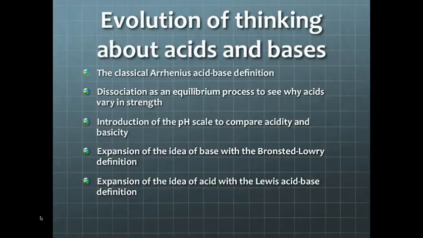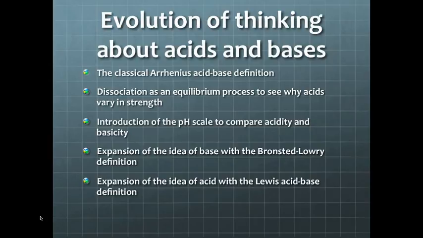There is an evolution of thinking about acids and bases. Arrhenius was the first to talk about a definition for acids and bases. After Arrhenius, dissociation as an equilibrium process was discussed to come up with a reason for the varying strengths of acids.